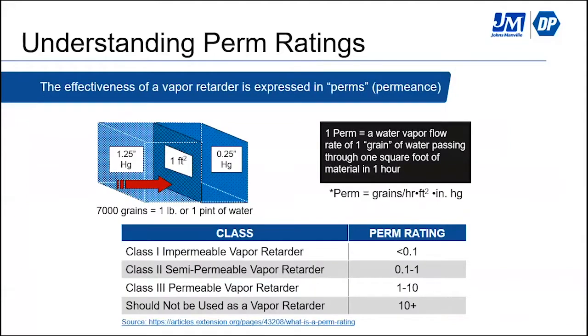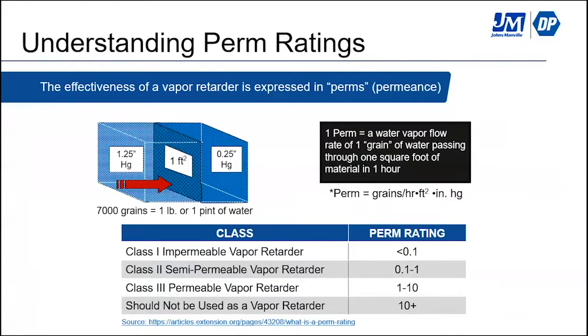So understanding perm rating: facings or vapor barriers' effectiveness is measured, or expressed, in what we call perms, or a permeance rating. So what is a perm? A perm is basically a water vapor flow rate of 1 grain of water passing through 1 square foot of material in 1 hour. We classify these vapor retarders in 3 different classifications.